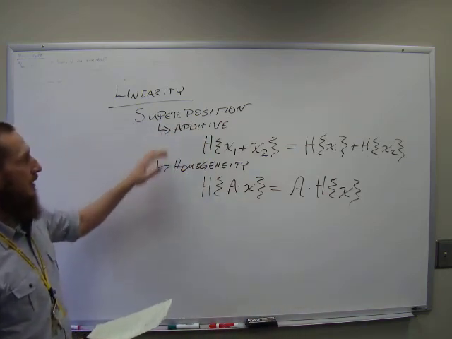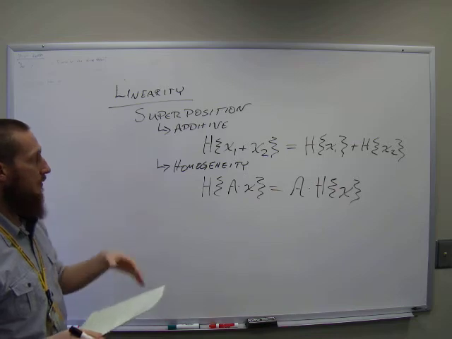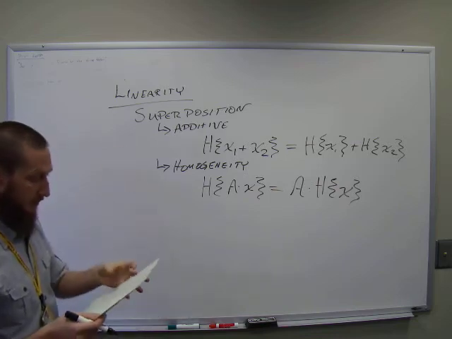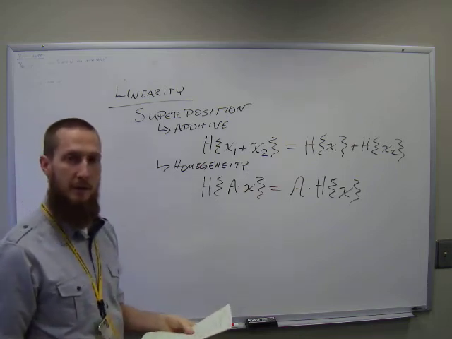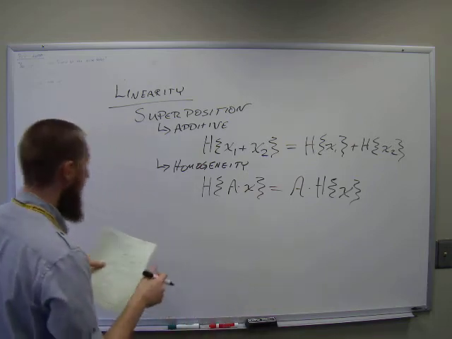So these are the two main properties of superposition. So how do you test for linearity of a system using superposition?